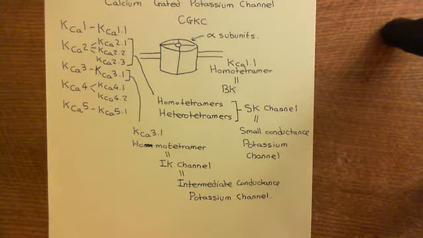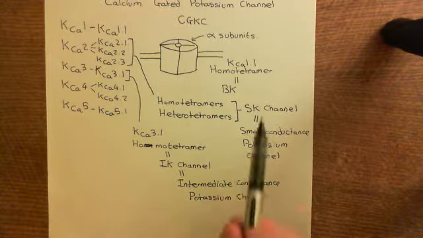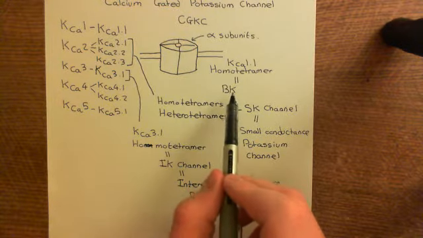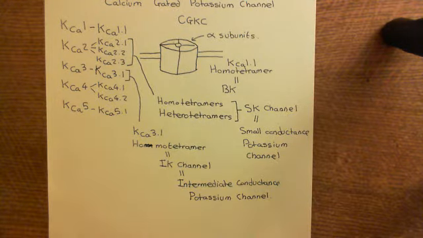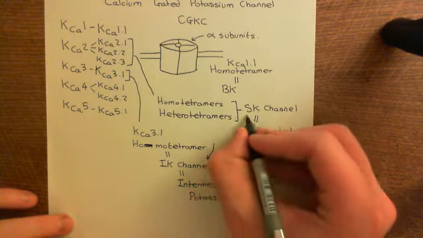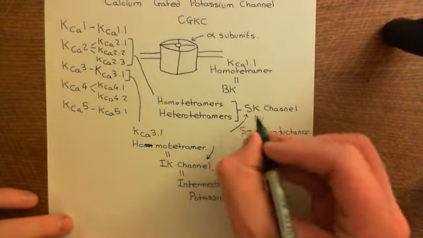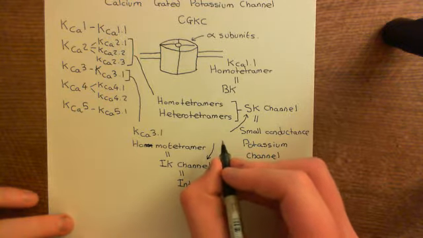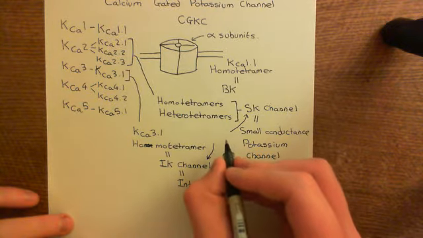Before we go any further, let me tell you something about the difference between the BK calcium-gated potassium channels and the SK and IK potassium channels. The IK and SK channels will open in response to elevations in cytoplasmic calcium.